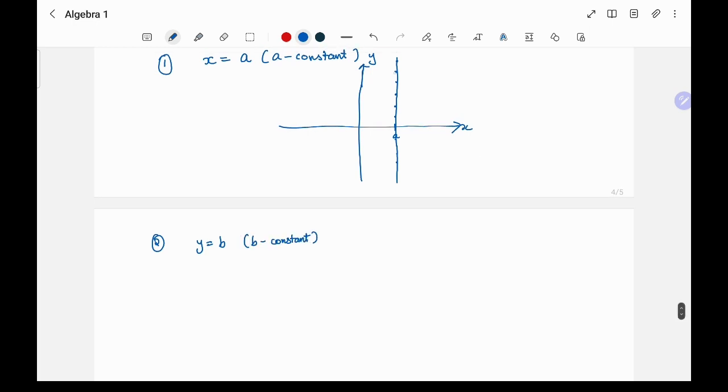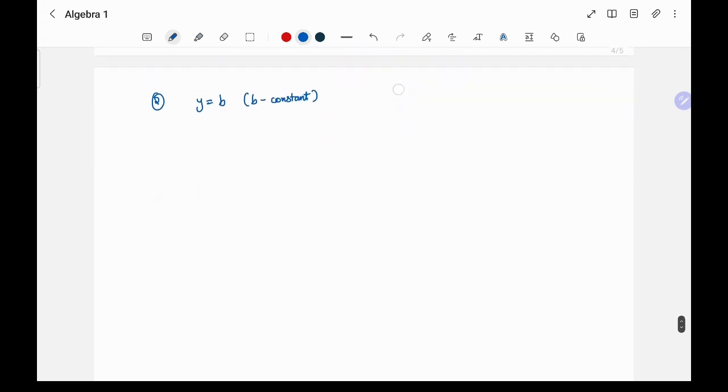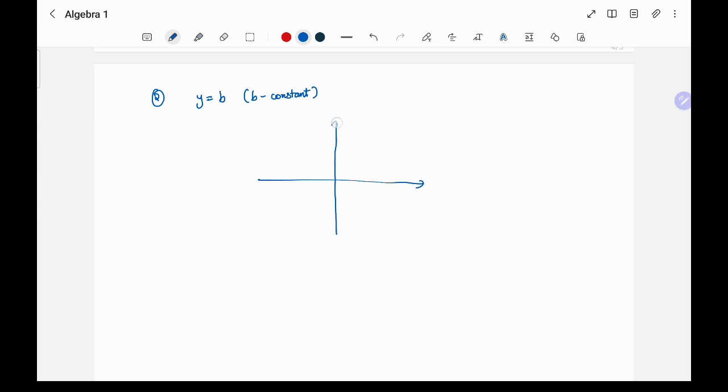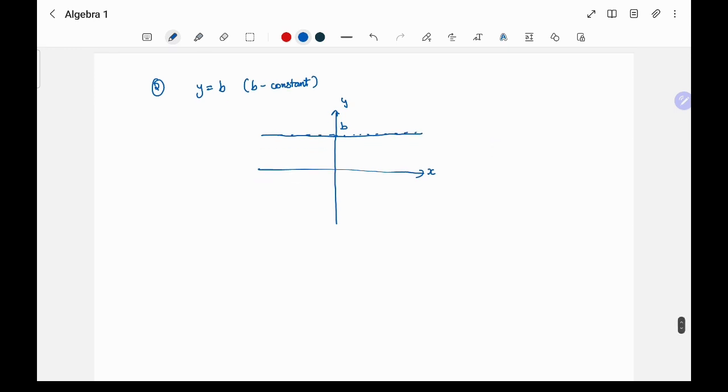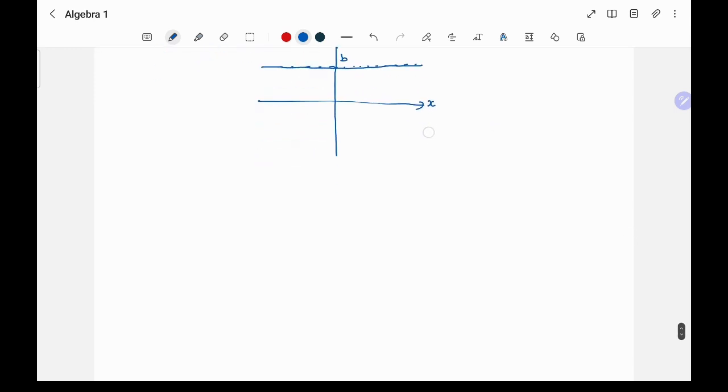How do you draw it? This was a vertical line. What do you expect y equal to b to be? Right, a horizontal line at b. For every value of x, y is going to be b. So y equal to b is a horizontal line.